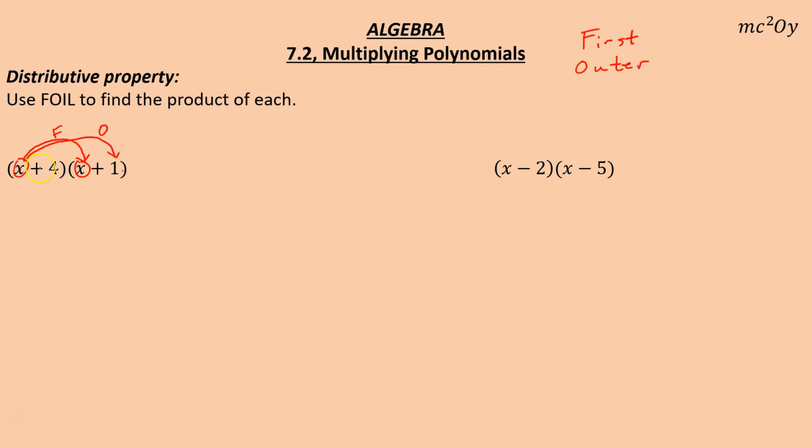So the outside terms, outer, and then the inners, the 2 inside terms, also known as inside sometimes, and then last.